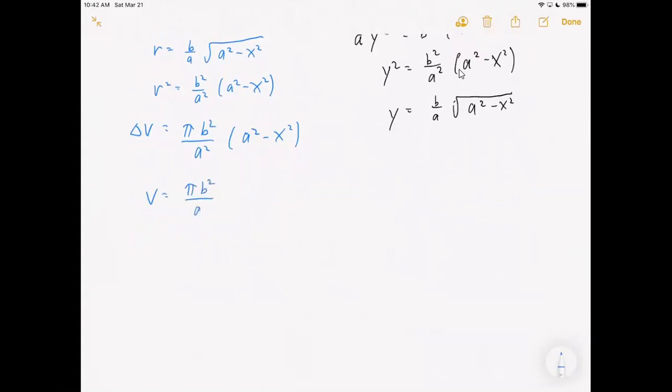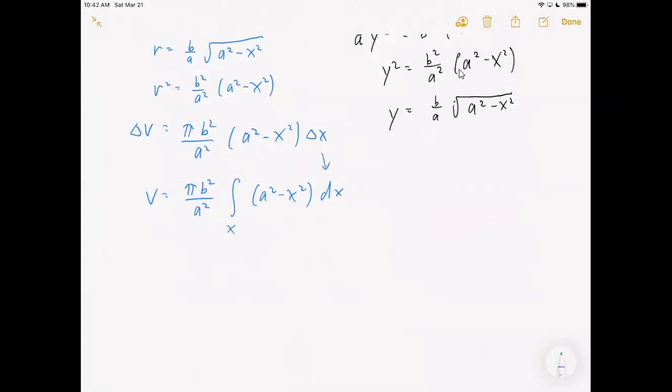B and a, while we don't know what the numbers are, those are constants. So we will integrate a squared minus x squared, the integrand, with respect to x. Oh, and I did leave off a delta x up here in order to have the volume element. So the delta x will become the dx.